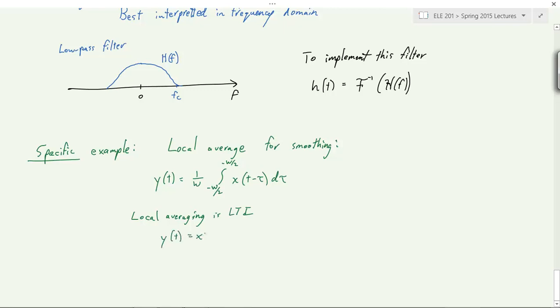First of all, you should realize that local averaging is linear time invariant, something we've mentioned several times, because it's going to be doing simply a convolution between the input signal and some impulse response h. Now, what is the impulse response? What is h?